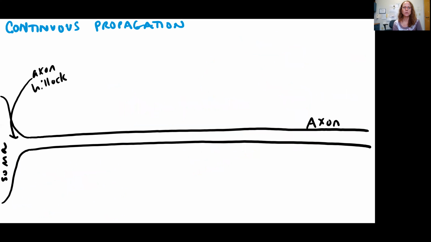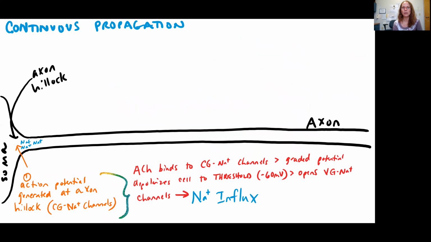Okay, continuous propagation. So I'm drawing my cell body, my axon hillock, and my axon. Remember, at the axon hillock, this is where that signal is generated. So remember, you're going to need to have a synapse with another neuron. That neuron is releasing acetylcholine, which is binding to chemically gated sodium channels so that we get that graded potential.